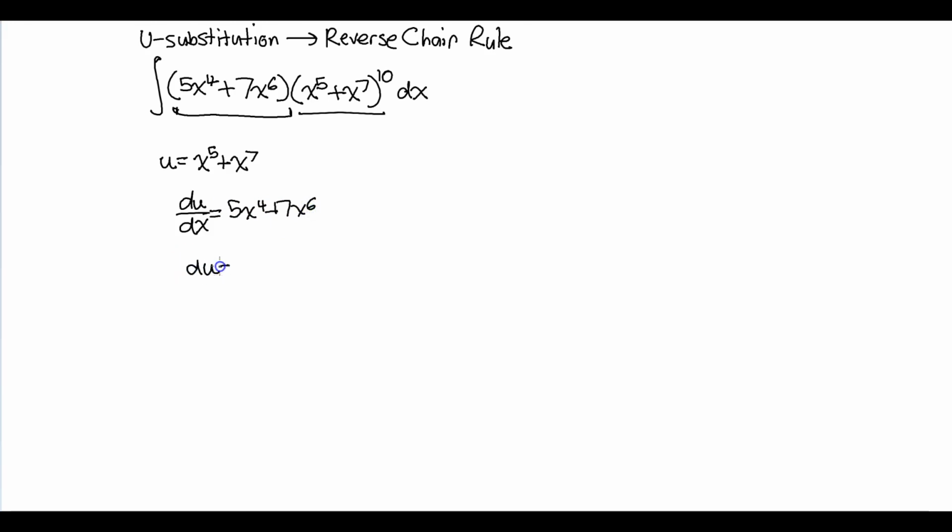Or du is equal to 5x to the 4th plus 7x to the 6th dx, right? So this is u, and this is du. We're basically rewriting the integral in terms of u. And if we rewrite the integral by making these substitutions, look what we get. U to the 10th du.